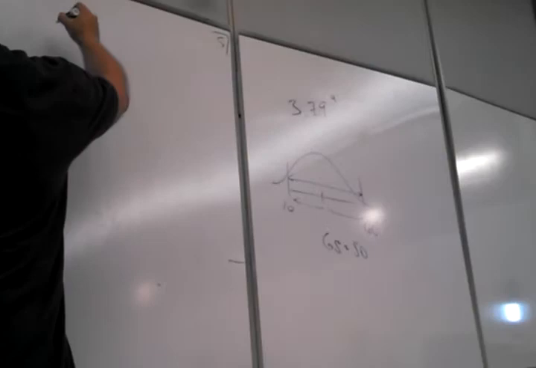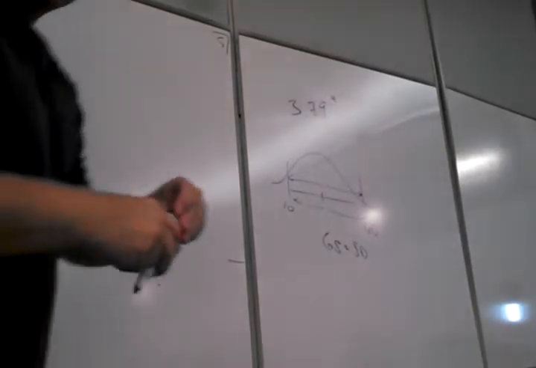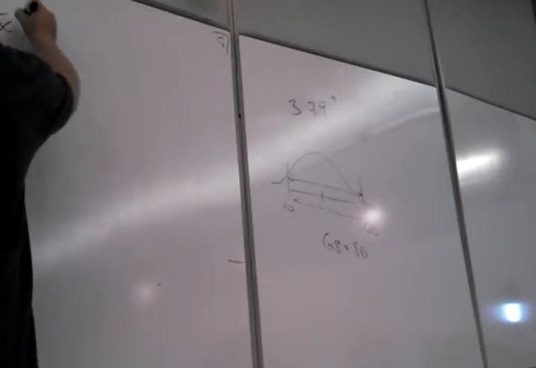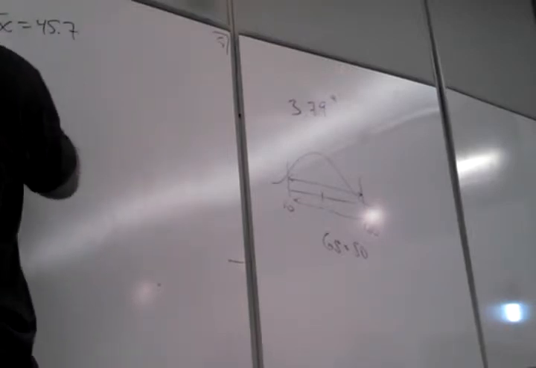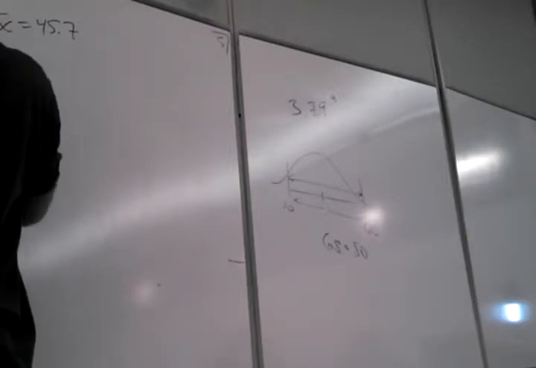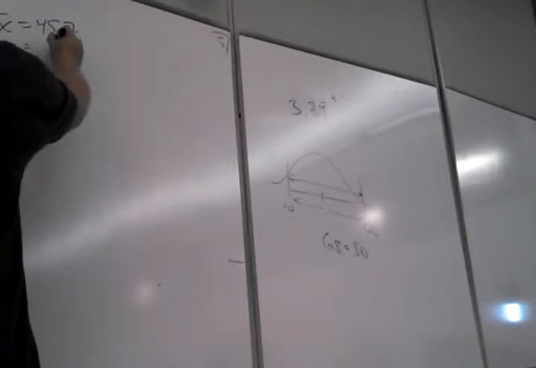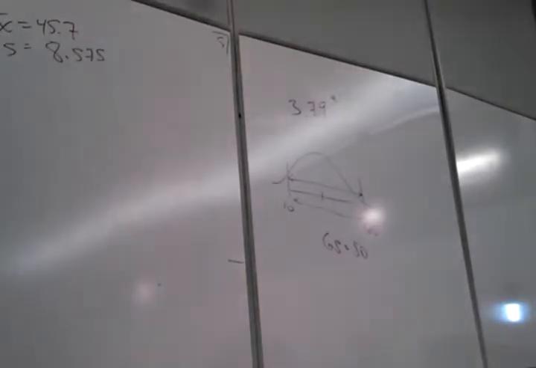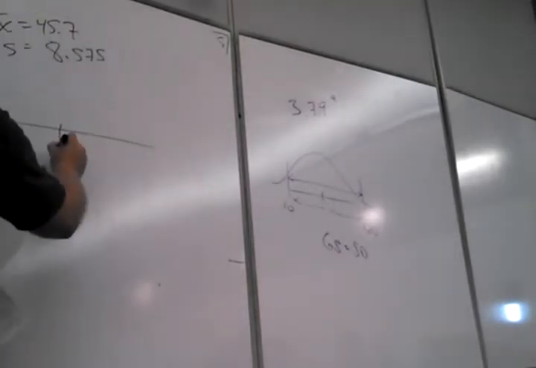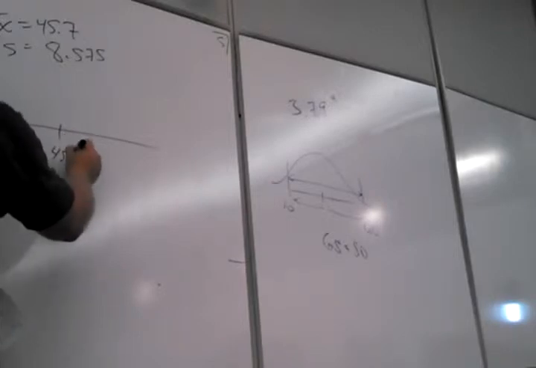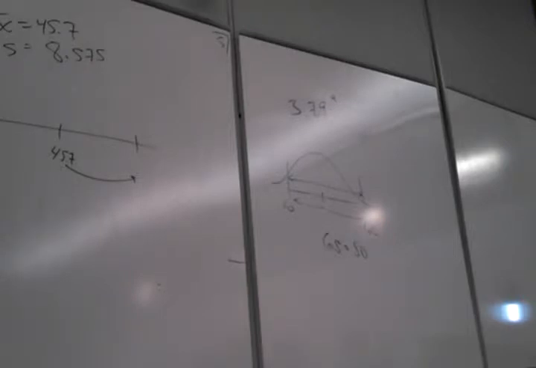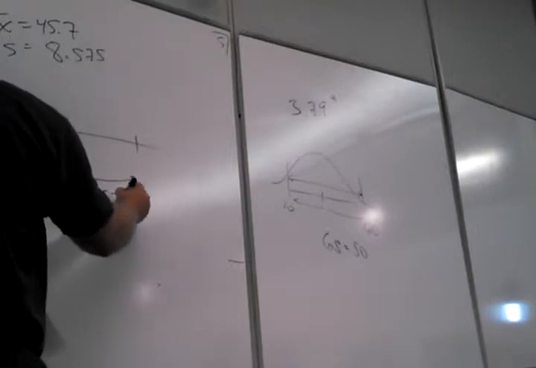So if I knew my mean was, well, looking at the one we did, 1F, we know here the mean was 45.7. And the standard deviation was 8.575. So if you set up the range here, put the mean in the middle, go one step up, where would you stop? Yeah, so you just add 8.575.